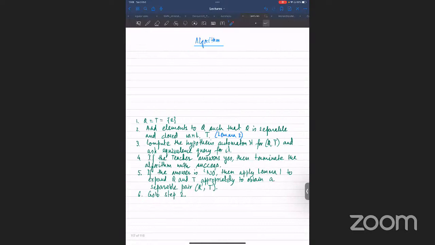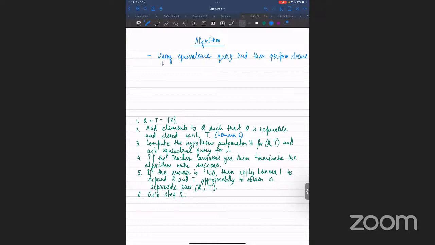So what is the broad idea? You are using the equivalence query, and then perform the closure operation, right?